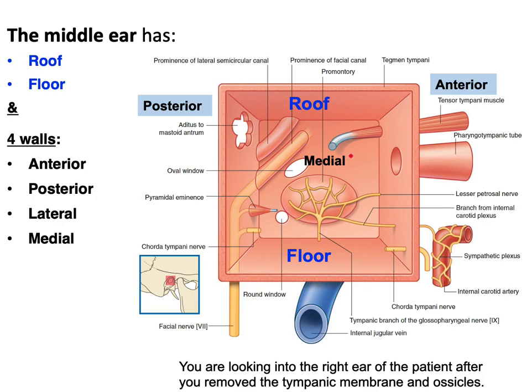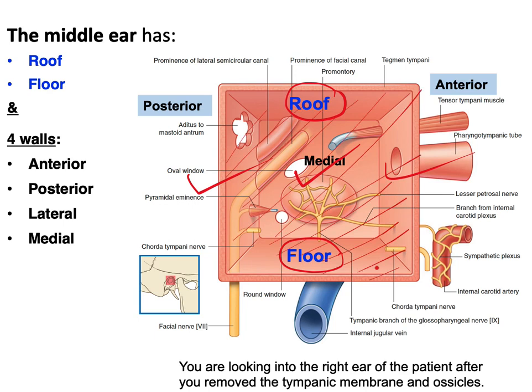Yes, as I mentioned, the middle ear is like a room. And the room has, of course, a roof and floor. And other than the roof and floor, you have 4 walls, anterior and posterior, medial and lateral. Where is the lateral? The lateral should close this, but it is already removed, of course, by the author of the textbook.